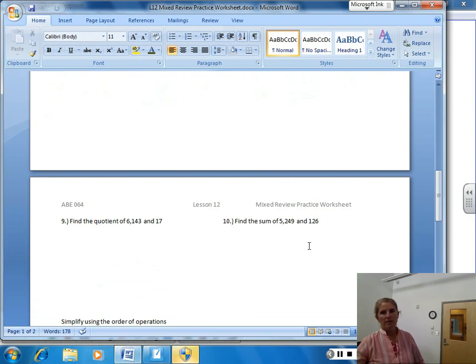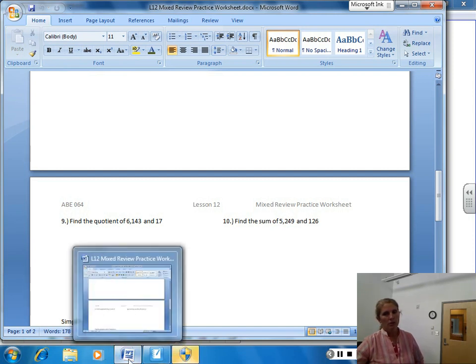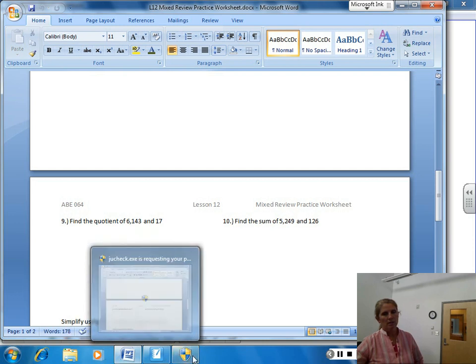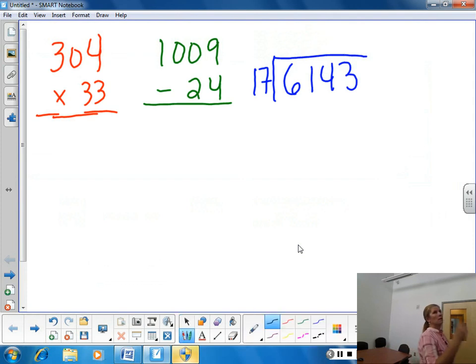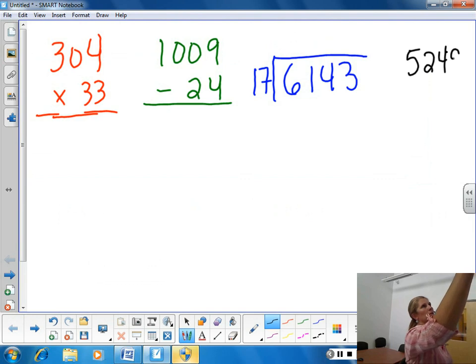And finally, the sum of 5,249 and 126. What does the sum tell you to do? It tells you to add 5,249 and 126.